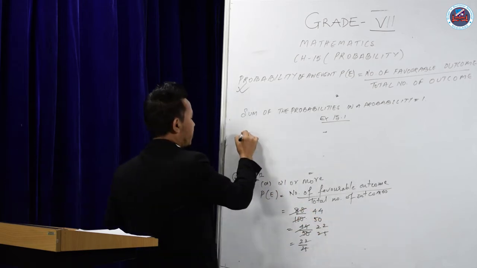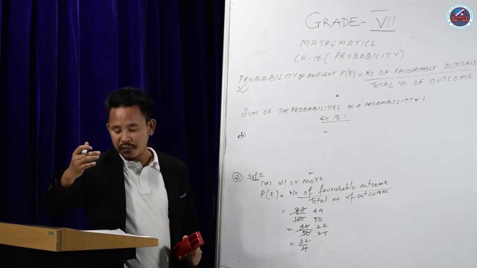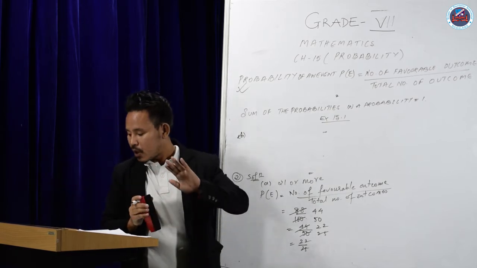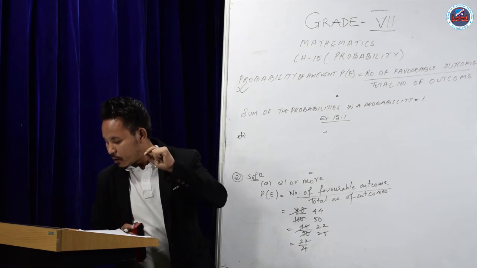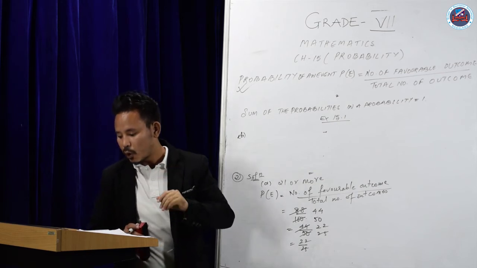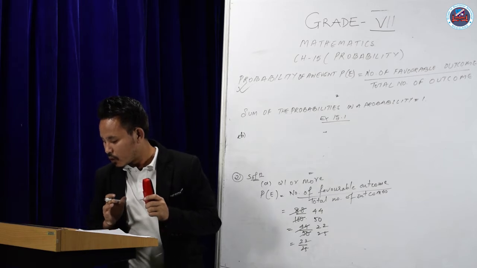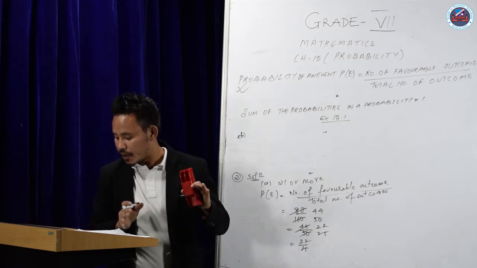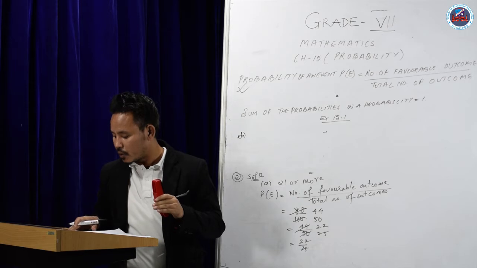Now, number B. Number B says 55 or less. This time, when we look in the figure, we will not consider the 55 slot. The rest we will add up together, that is 12 plus 42 plus 32.